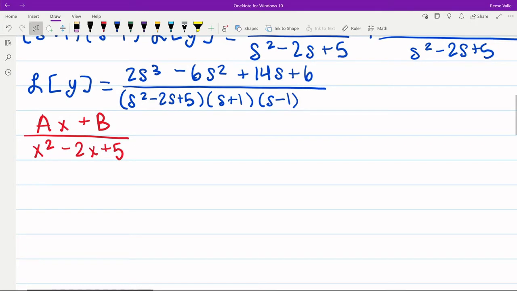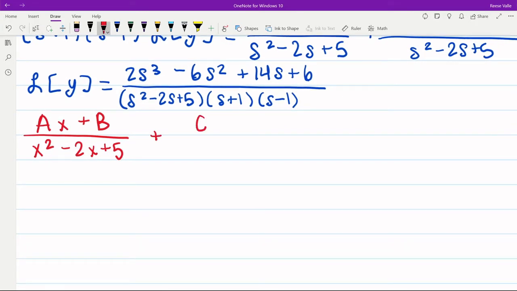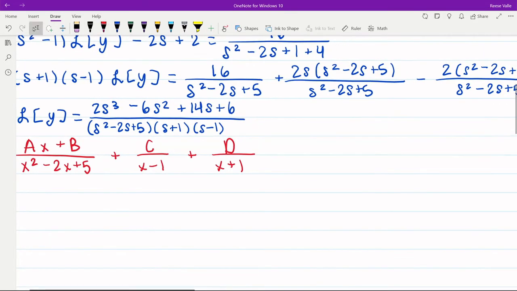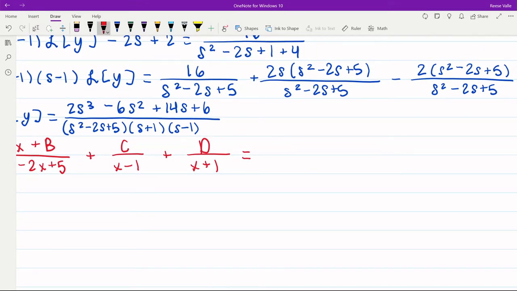So we're going to do that, plus c all over x plus 1 plus... actually, I'll make this x minus 1, and then d is going to be x plus 1, just so that's easier.